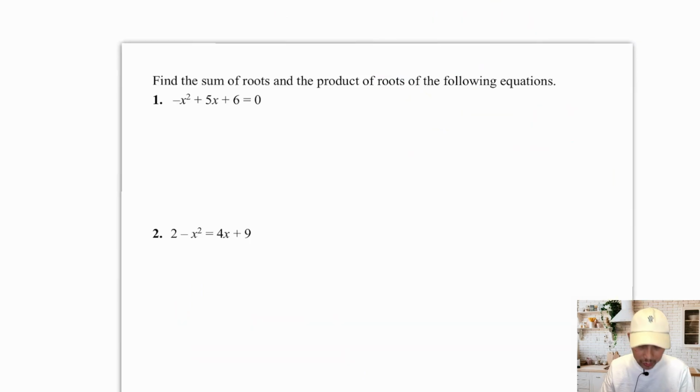Some examples. We recite the sum of roots and product of roots one more time. Okay, the first two questions: find the sum of roots and the product of roots of the following equations. We just simply use the formula to get the answer.